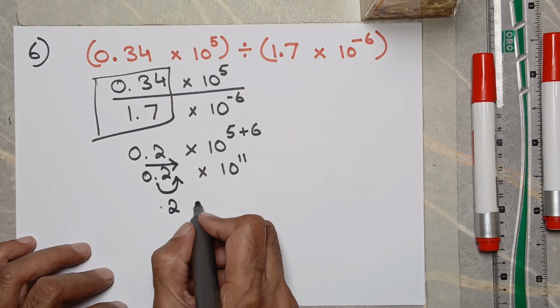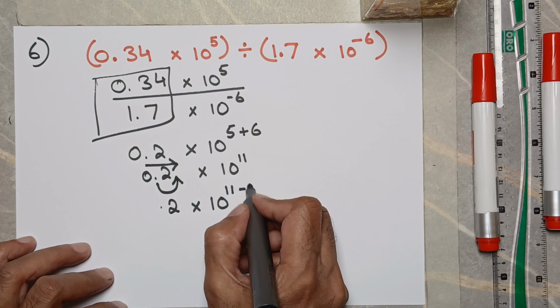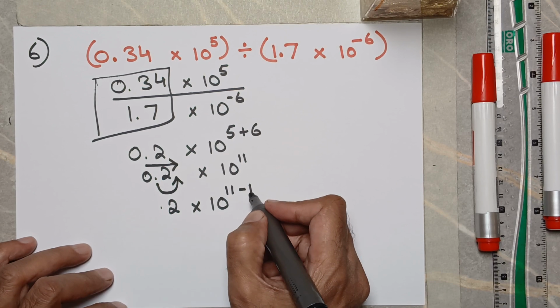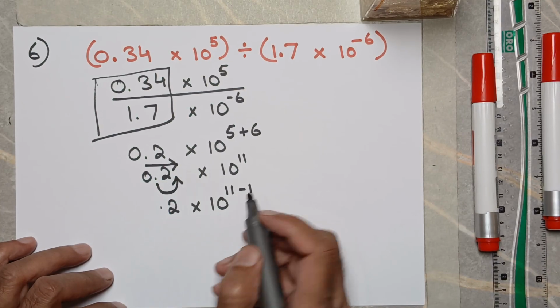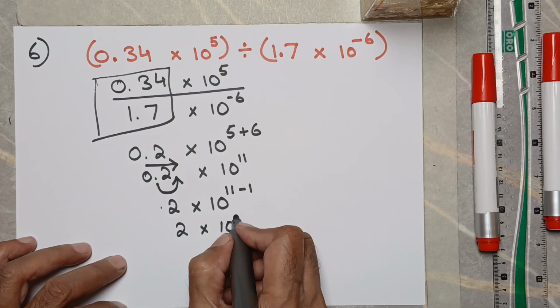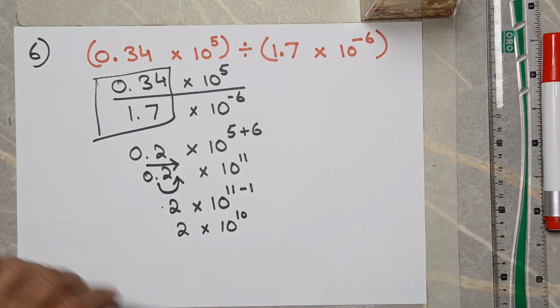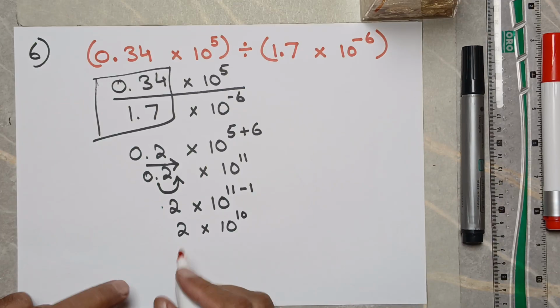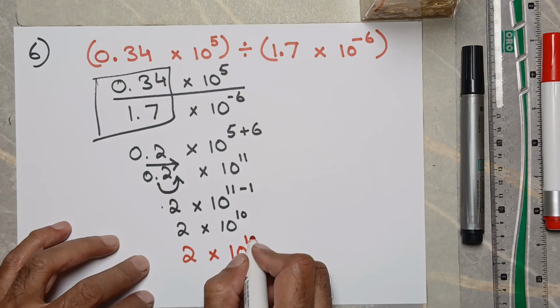So it will become 2 times 10 raised to the power 11 minus 1, because we have to reduce the exponent because of shifting this decimal towards the right. So our final answer will be 2 times 10 raised to the power 10. Now let me write it down with the red marker. 2 times 10 raised to the power 10.